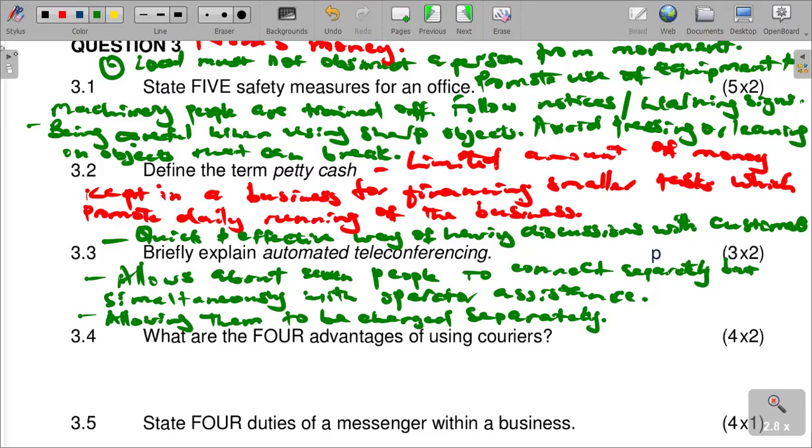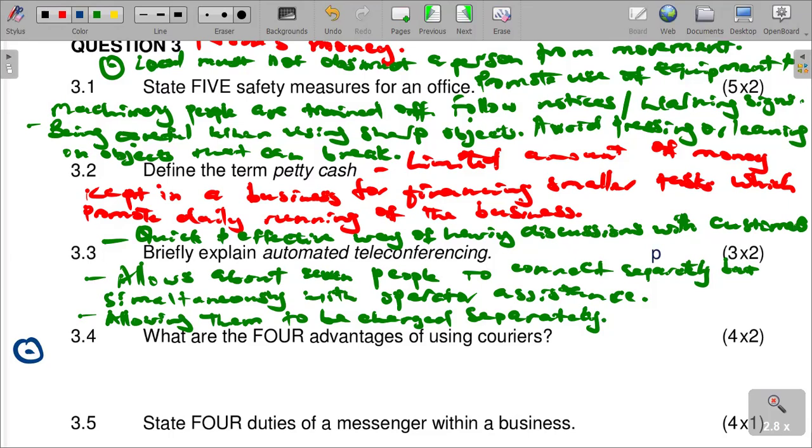And then, what are the 4 advantages of couriers? When you look at courier, we talk about the movement of goods, the transportation of messages and parcels, which can be done as express overnight. It can be done through various means.